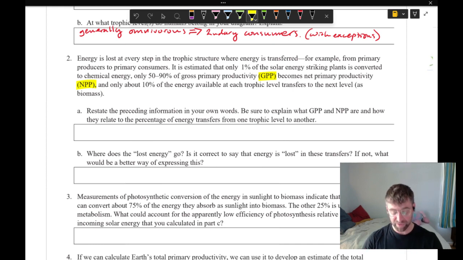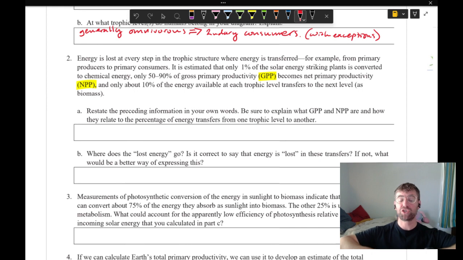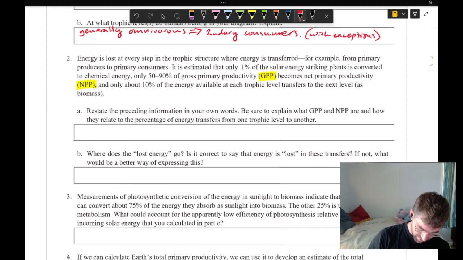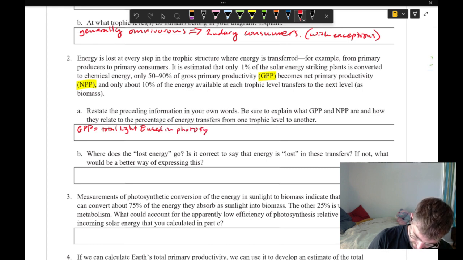So let's start with GPP. Gross primary productivity is a measure of the total amount of light energy used in photosynthesis. So GPP is total light energy used in photosynthesis per unit time.